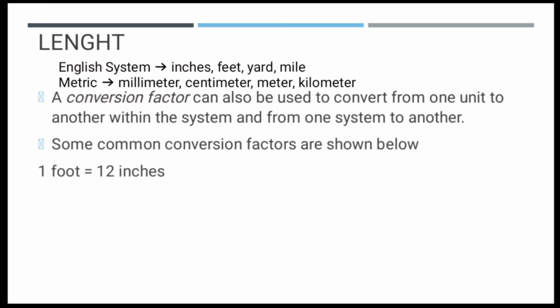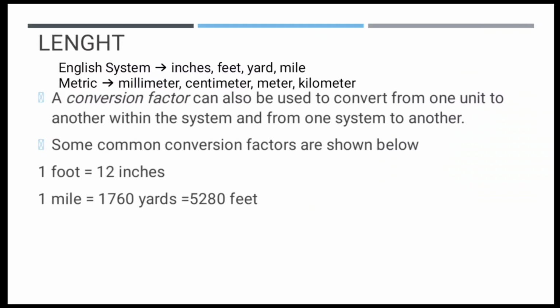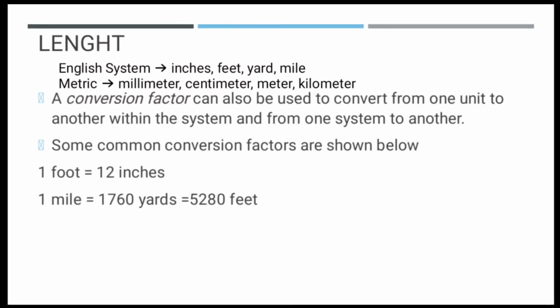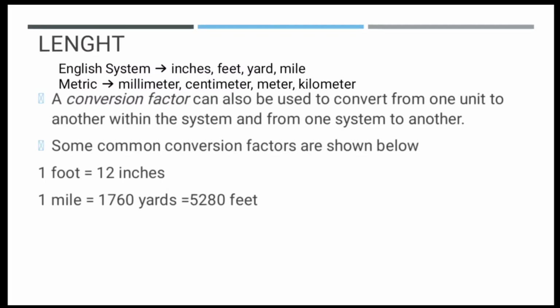We have 1 foot is equal to 12 inches. Okay, so from foot to inches, 1 foot is equal to 12 inches. Next, 1 mile is equal to 1,760 yards, which is also equal to 5,280 feet. Okay, so 1 mile is equal to 5,280 feet, and 1 mile is also equal to 1,760 yards.